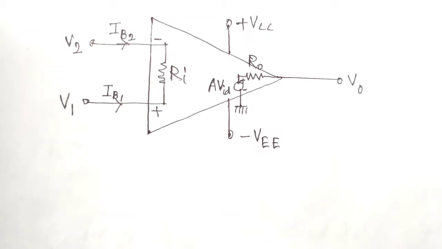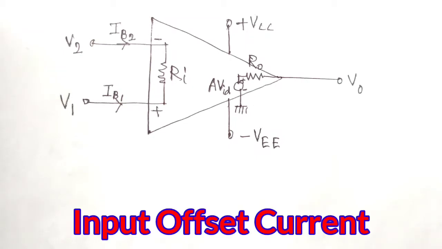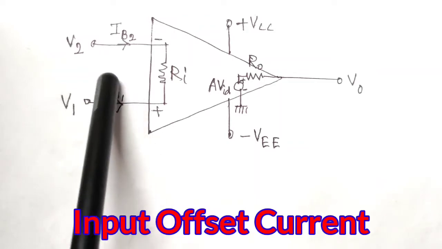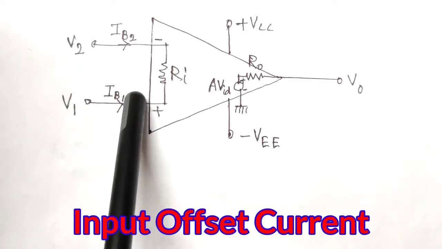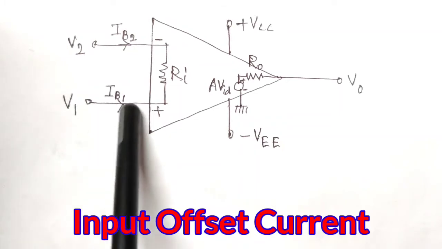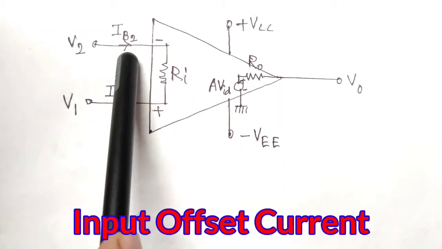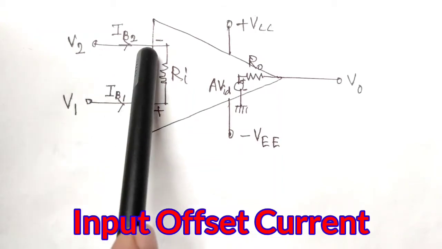Now, the fourth parameter is input offset current, denoted by IIO. To discuss IIO, let's consider IB1, the input bias current which flows into the non-inverting terminal, and IB2, the input current at the inverting terminal.